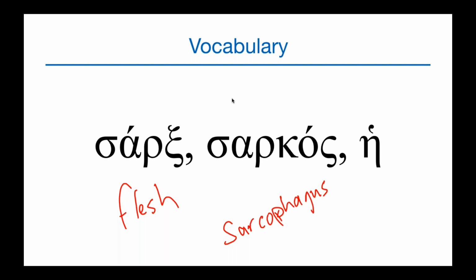If you remember, one of the big controversies in the 1984 NIV was that they translated this term as sinful nature, and that was one of the big controversies surrounding the NIV. Flesh, I think, is more representative of what the word means. Sinful nature, I think, is more of an interpretation than a translation.